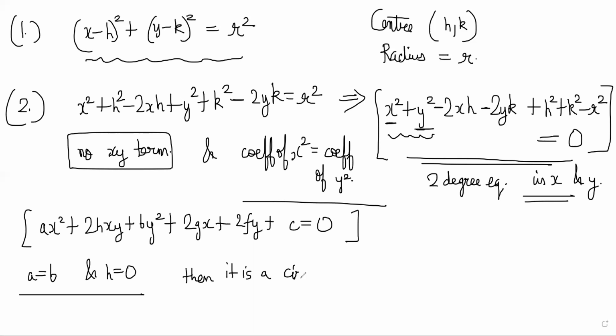Okay. So let's see what happens if someone gives you an equation like this, how to find the center and the radius from there. If someone gives me an equation like this, ax square plus ay square, I have made b equal to a here, and there is no h term, so I will not write h.